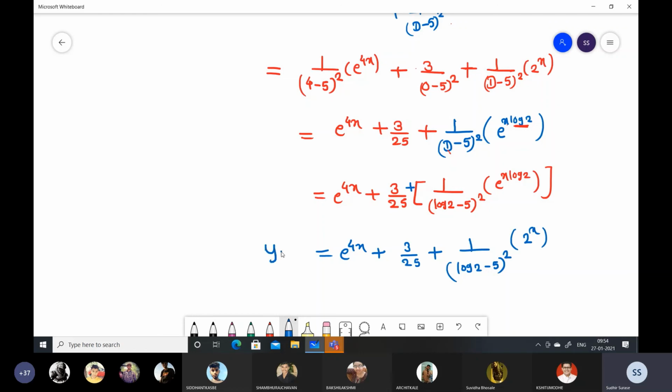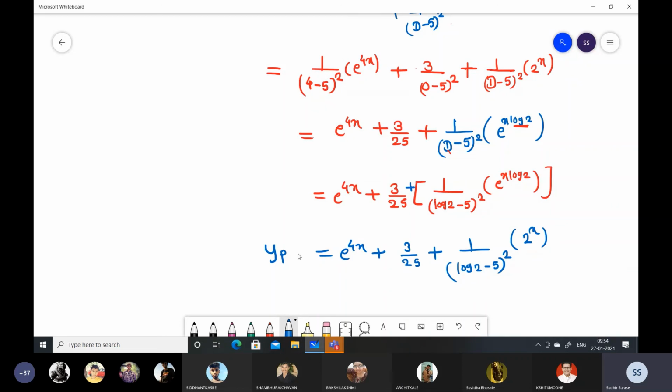So this is the particular integral. We learned that if, instead of an exponential term, you have a 2 to the power x or 3 to the power x, an a to the power x term, we can write it in terms of an exponential term, and thereafter replace the value of D by that coefficient.